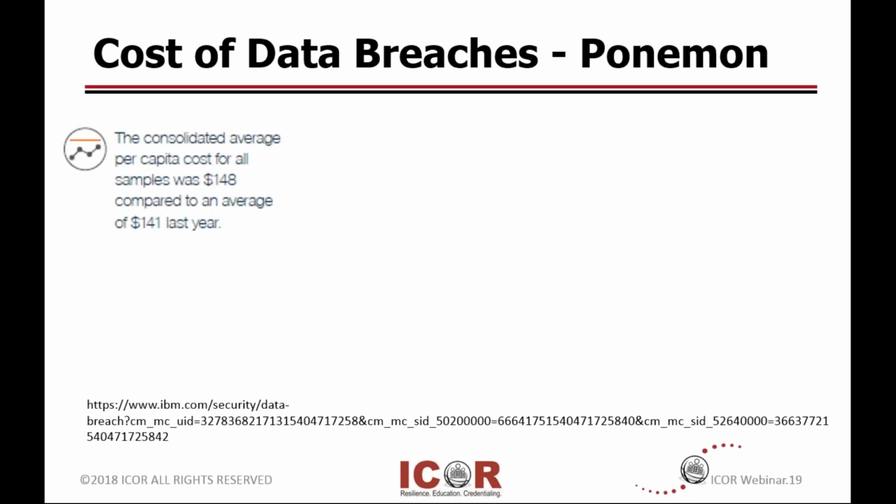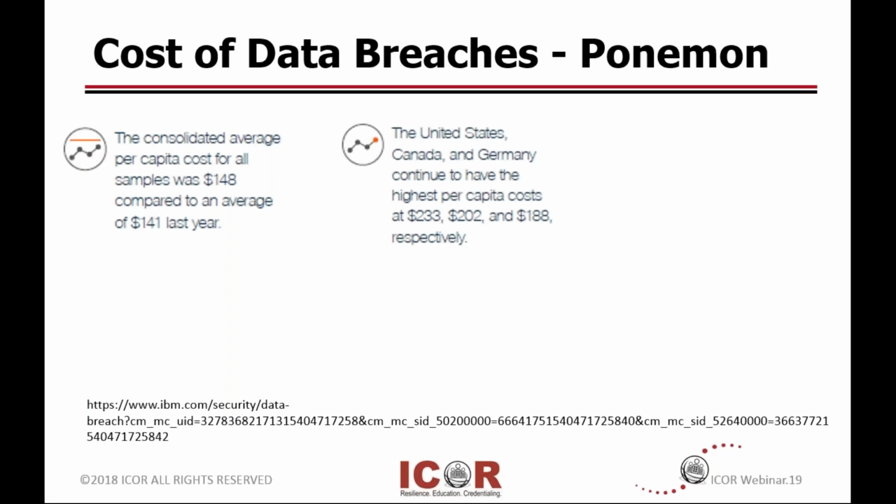So when we're looking at some of the data, they just broke this data down into what we're comparing from year to year, and some of this is already summarized. So that $148 per record versus $141 from last year.